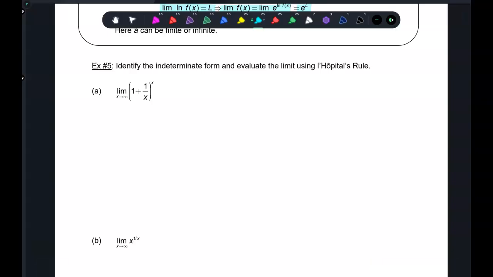Okay. So first thing, I'm just going to look at what form we have. This will be 1 to the infinity power. So that's the form. I first am just going to let y equal that whole function. Just like what we did last year, and we reviewed it a little bit at the beginning of this year, I think.